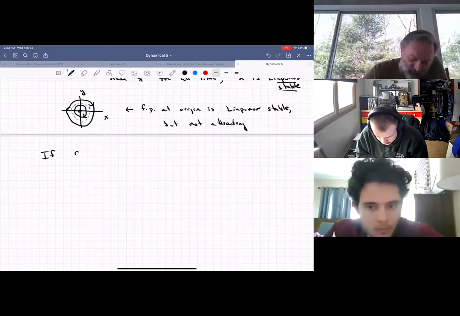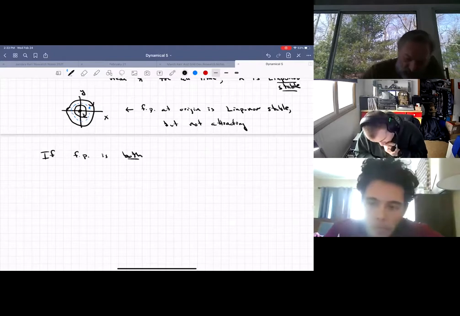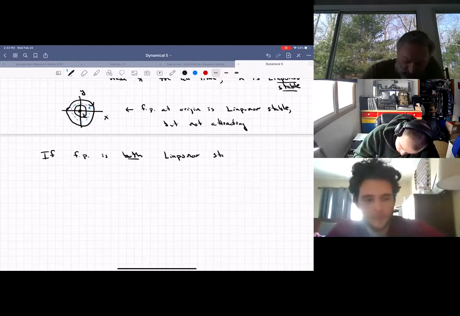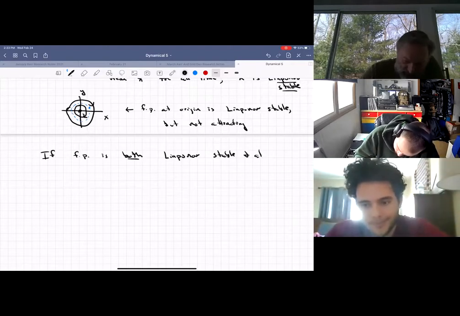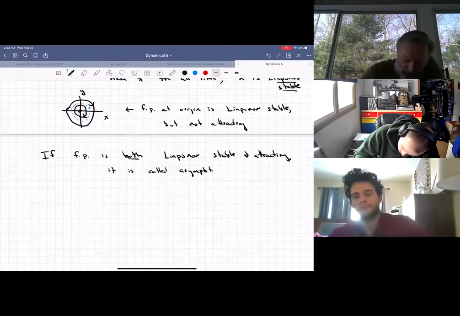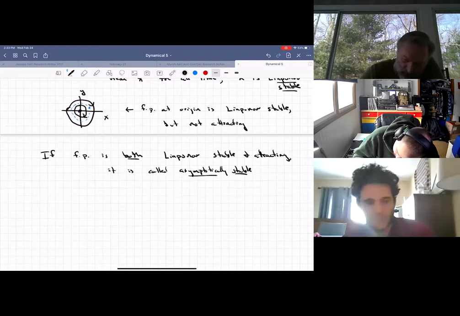If a fixed point is both Lyapunov stable and attracting, it is called asymptotically stable, or just stable.